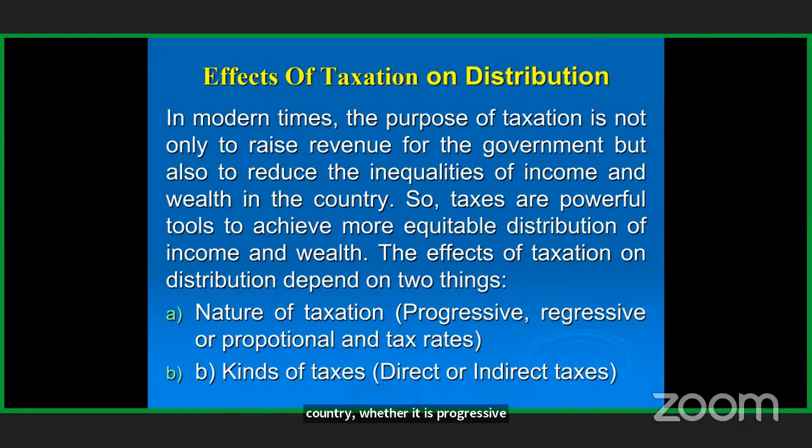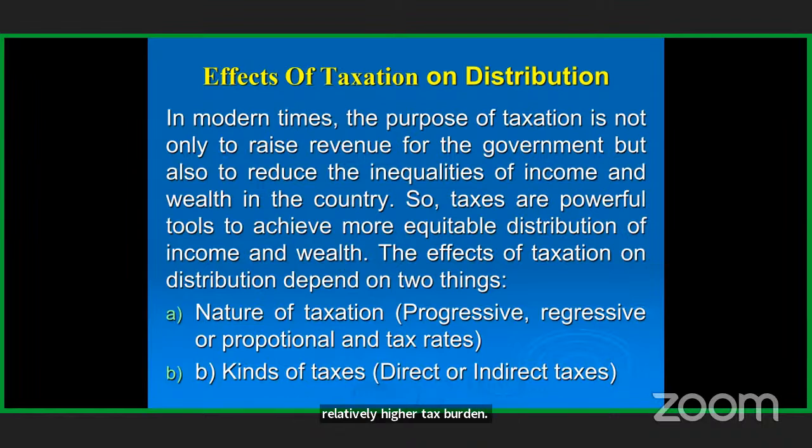A progressive tax system reduces the inequalities of income and wealth in the society because a huge direct real tax burden falls on the high income groups or the rich people. If the tax system is more progressive, it can easily reduce the economic inequalities in the country. On the contrary, if a tax system is regressive, it causes more inequalities in the distribution of income because the poor will have to bear a relatively higher tax burden.